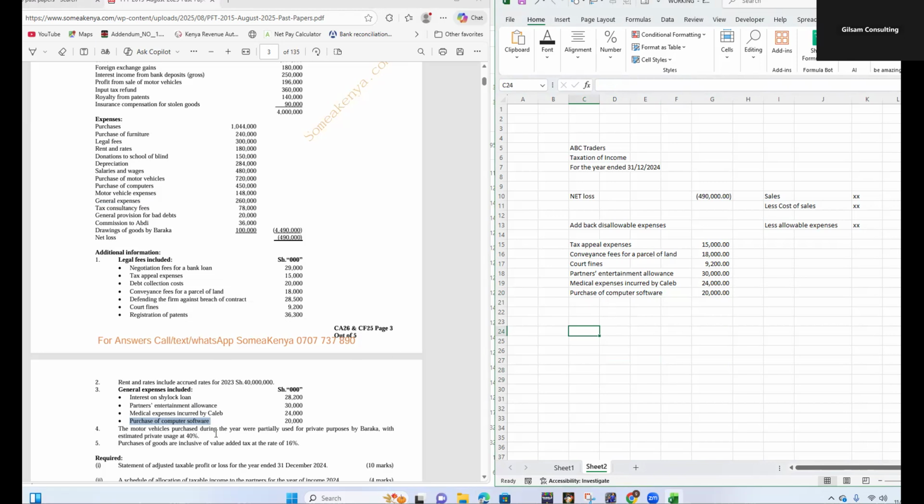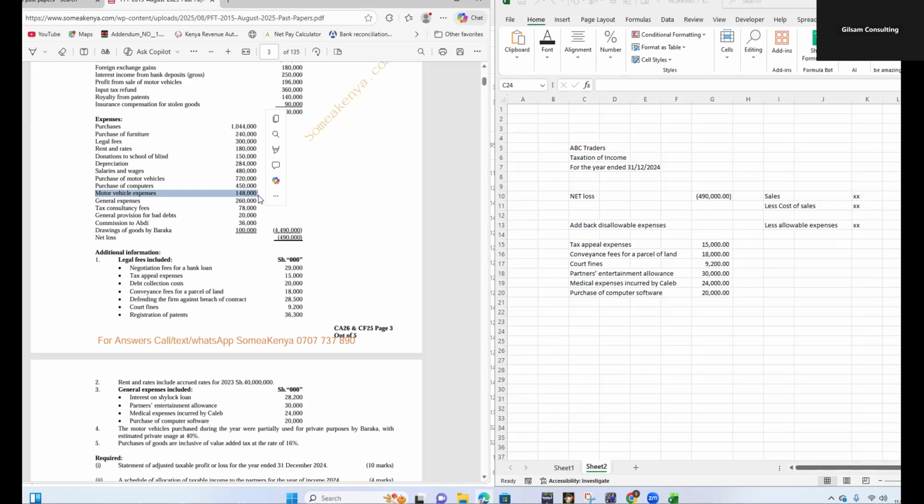Let's go to number 4. Motor vehicle purchased during the year was partially used for private purpose by Baraka. So we said any expenditure incurred by the partner is disallowed. The motor vehicle was partially used by Baraka with estimated private usage of 40%. So we have a motor vehicle expense, which means 40% of this expense relates to Baraka.